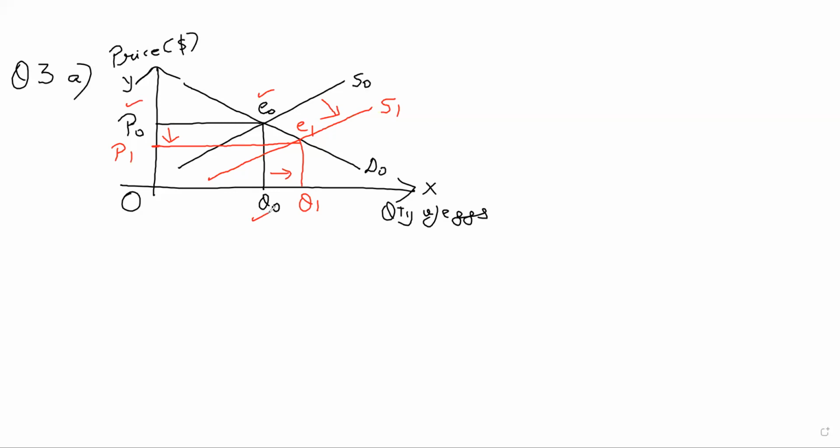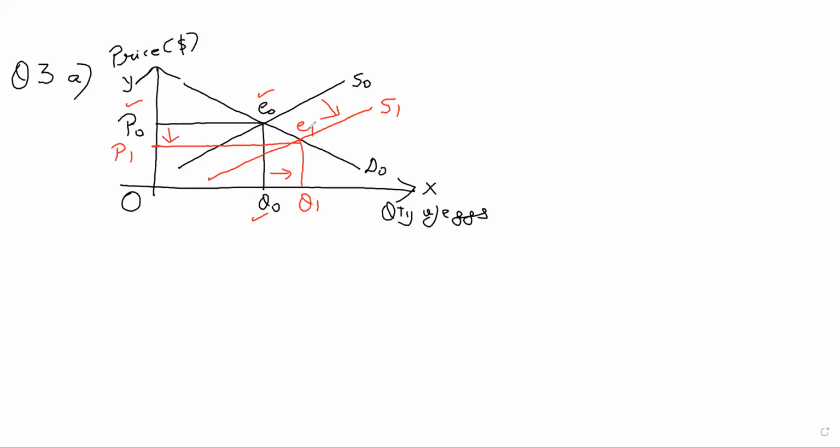As a result, the production of eggs will go up and the supply curve of eggs will shift to the right from S0 to S1. As a result, the equilibrium moves from E0 to E1. The equilibrium price of eggs falls from P0 to P1 and equilibrium quantity of eggs rises from Q0 to Q1. That is it.